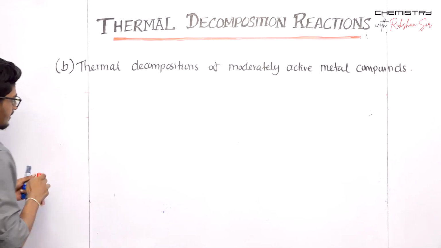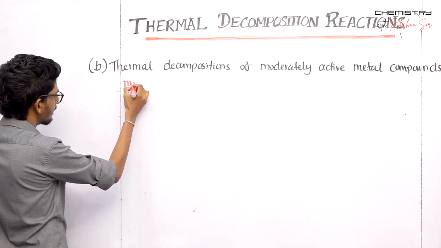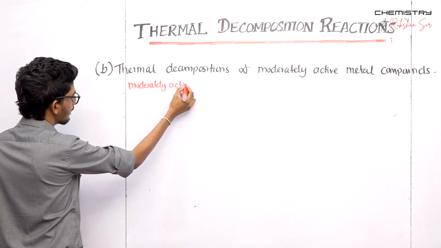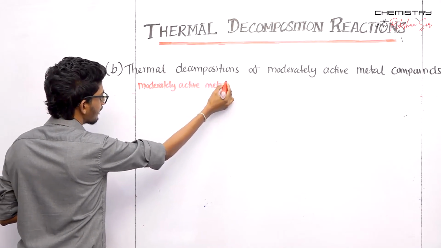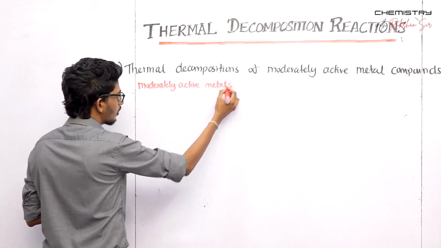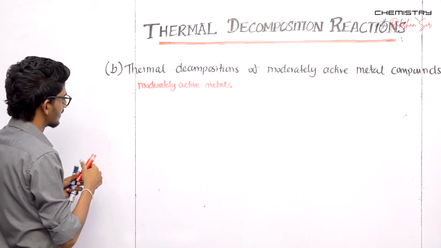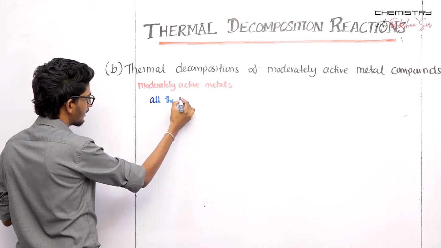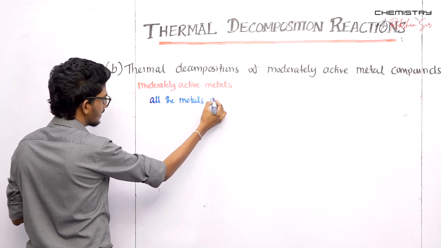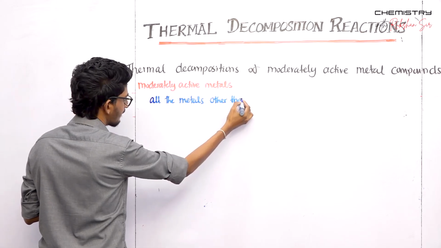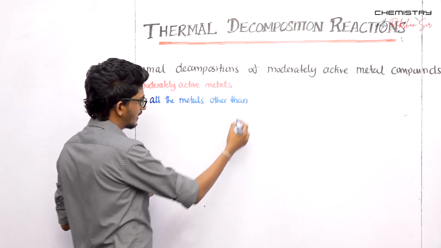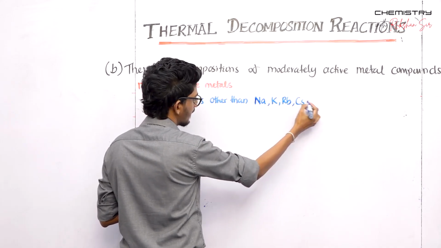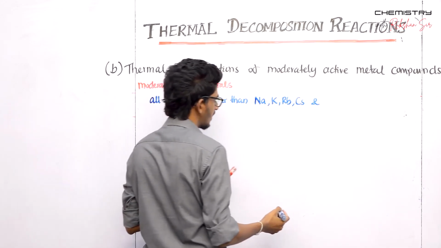Under moderately active metals, all the metals other than those 8, the 4 active and the 4 inert are concerned.